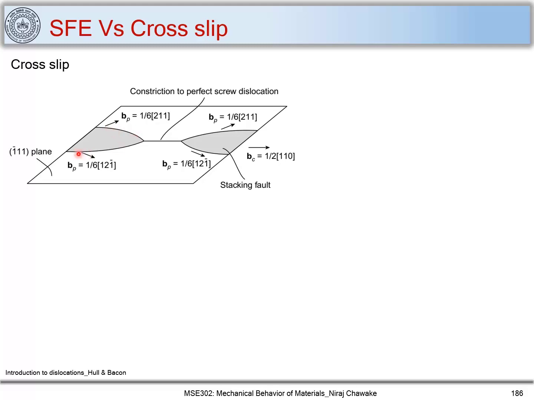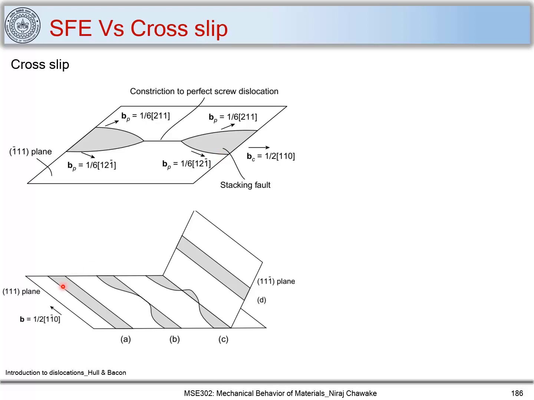This meeting of the partials is called a constriction. So this is a constriction to form a perfect screw dislocation here, and this screw dislocation can dissociate again into these two partials.